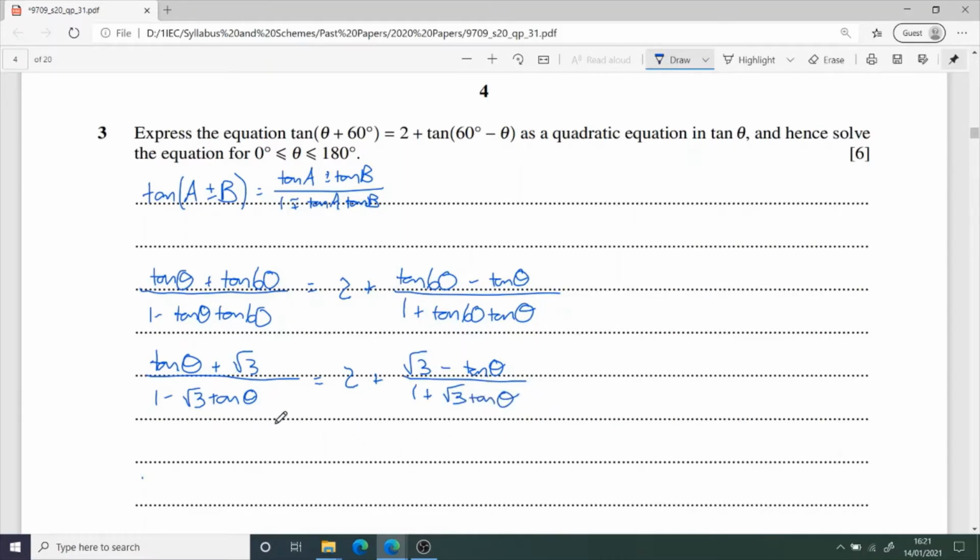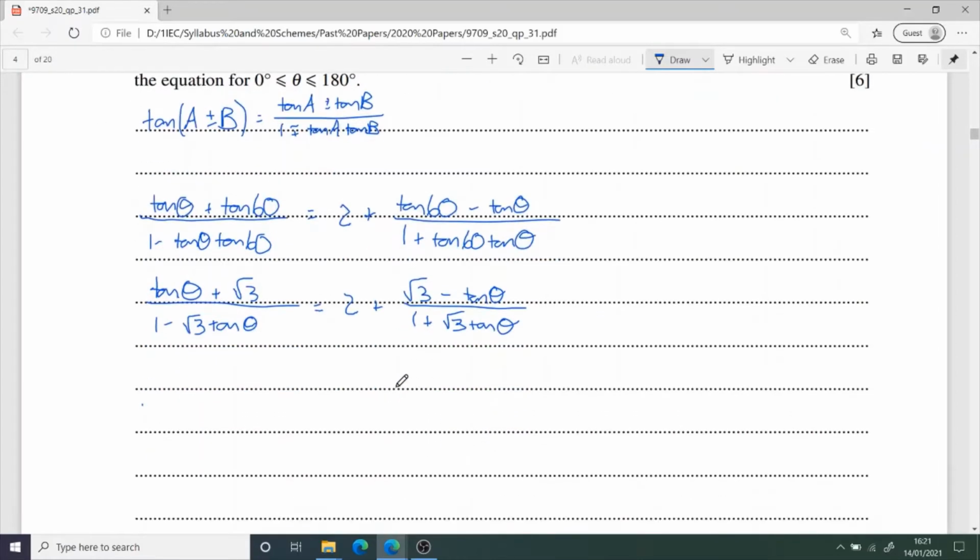Let's try and clear these fractions by multiplying first by 1 minus root 3 tan theta, and then afterwards we'll multiply by 1 plus root 3 tan theta.